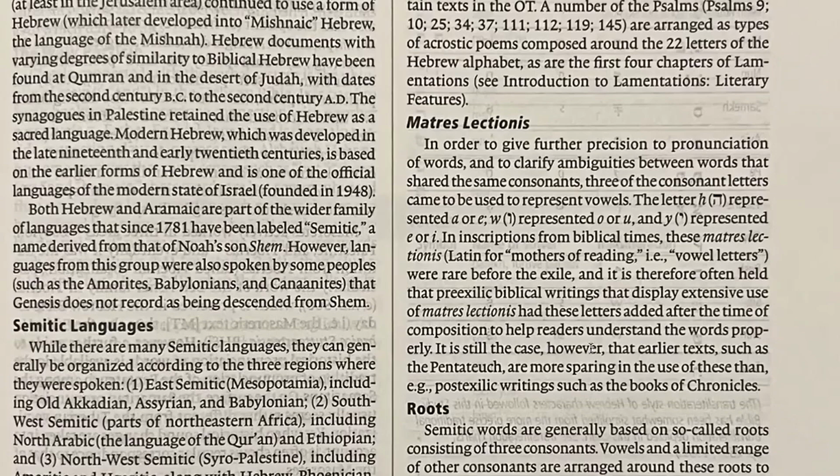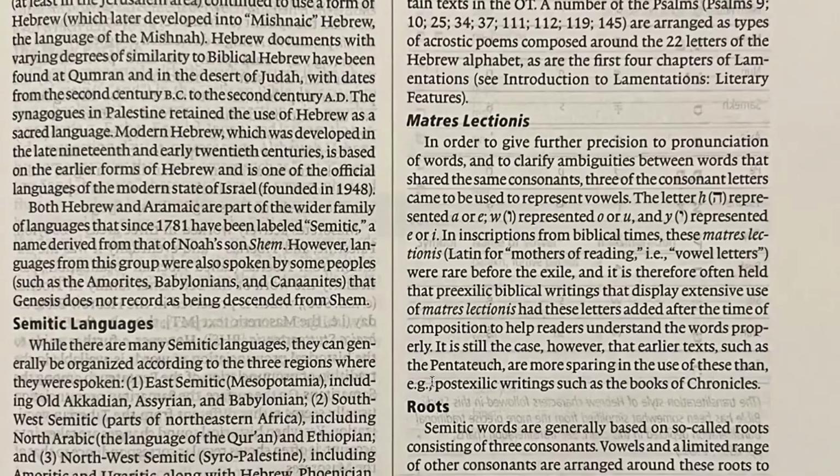It is still the case, however, that earlier texts, such as the Pentateuch, are more sparing in the use of these than, for example, post-exilic writings such as the books of Chronicles.